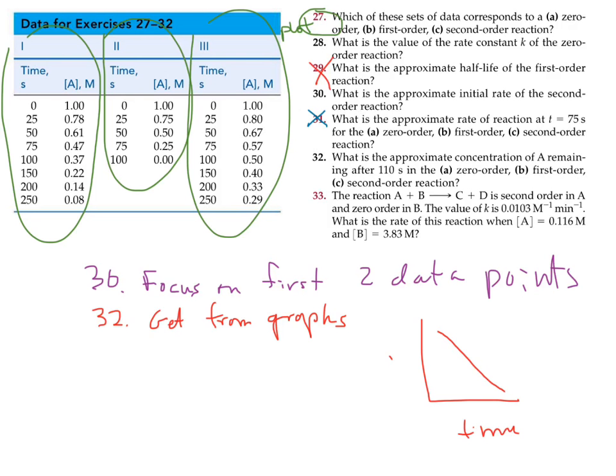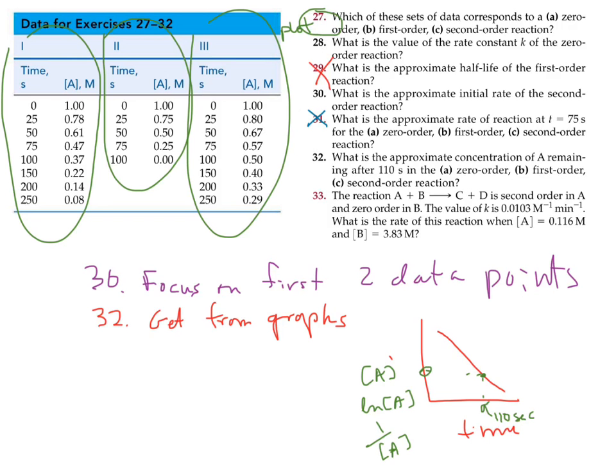Does this make sense? Whatever time is equal to 110 seconds before the end, and you go up and see where it intersects with the molar concentration. Now, you're going to have to do a little bit of correction, because it might be A if it's 0 order, or the natural log of A if it's first order, or 1 over A with a different size slope if it's 2nd order. So go ahead and do 32. You're going to have to revisit your graphs.